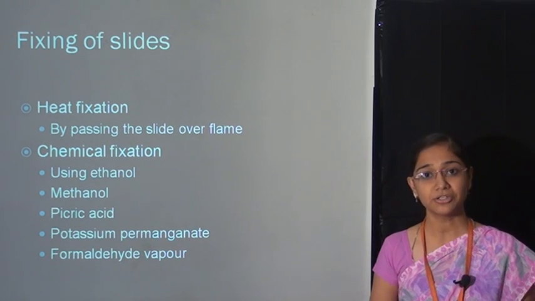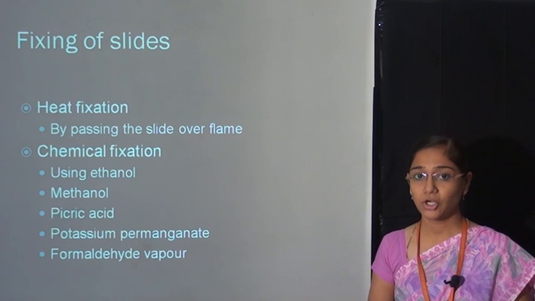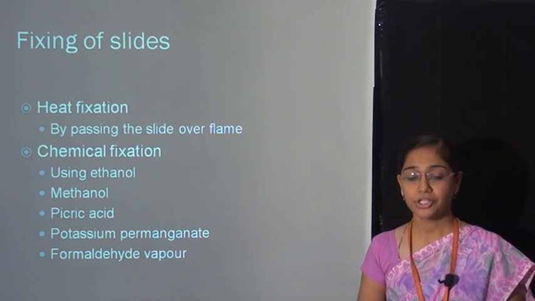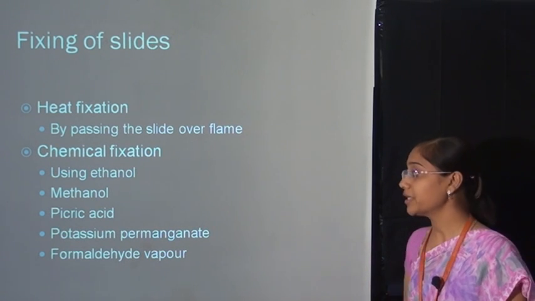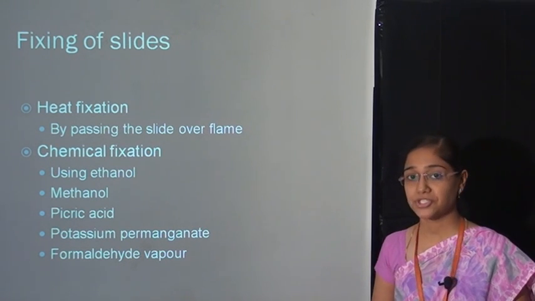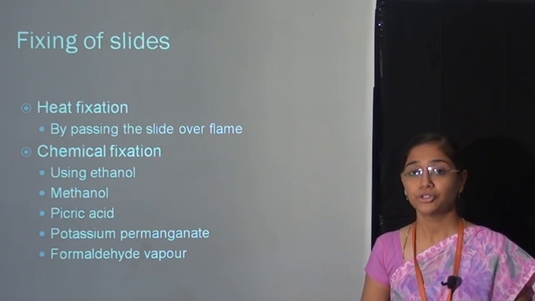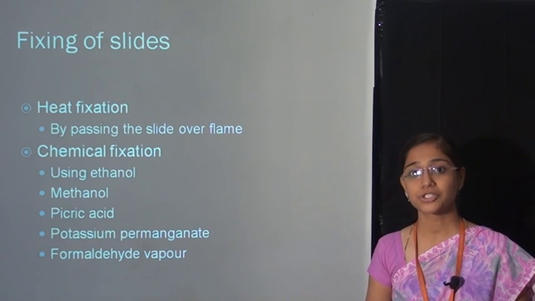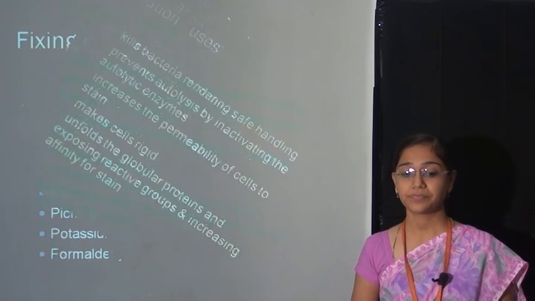We can do chemical fixation using ethanol, methanol, picric acid, potassium permanganate and formaldehyde vapor. Take a drop of this substance, put it onto the smear and evaporate it. Provide heat and evaporate it. There is no need to boil it, just evaporate it.